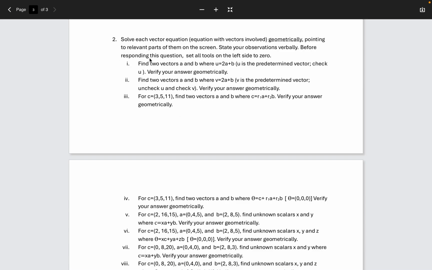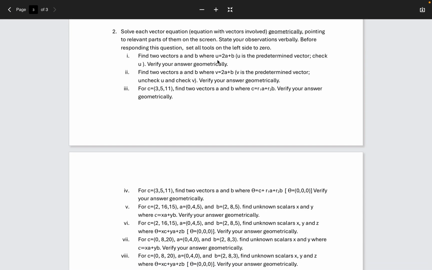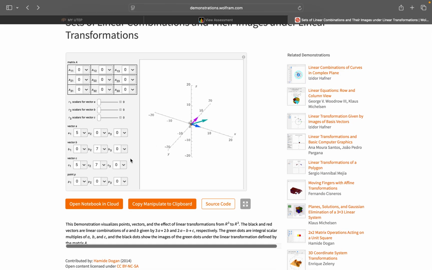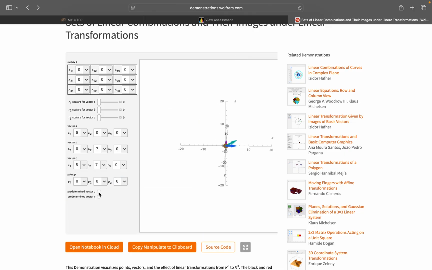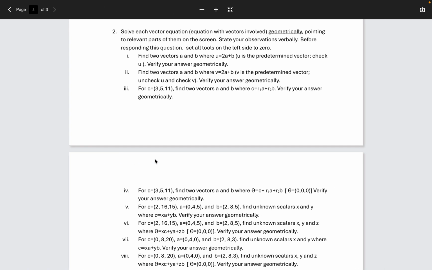Vectors are pointing to relevant parts on the screen. U is equal to 2a. So we have to, U is right here. Find two vectors, a plus b.